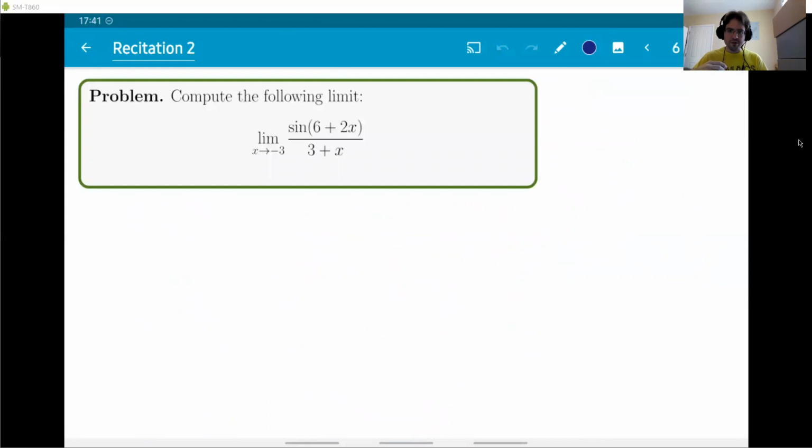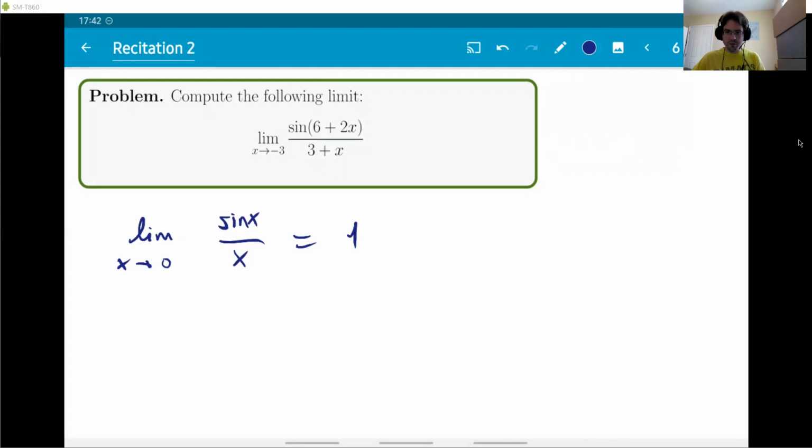Now the final example for today. Compute the following limit. This is one where we're going to be using a change of variable. Remember that the fundamental limit involving sine is sine x over x, which is a 1, as long as x is going to 0. The limit that we have in here looks a lot like it.